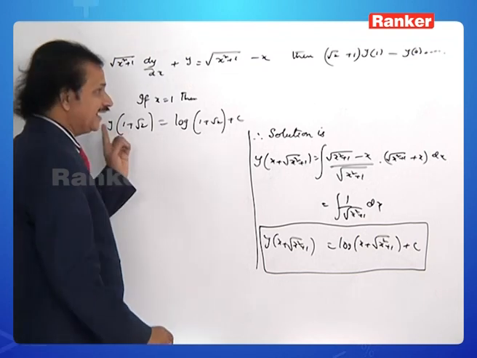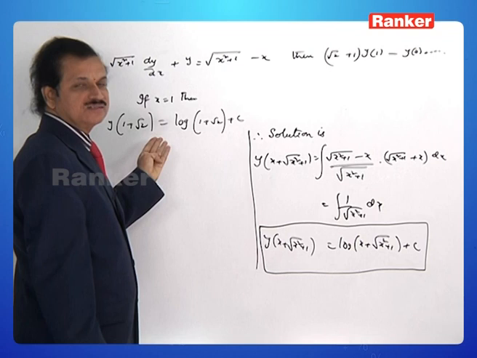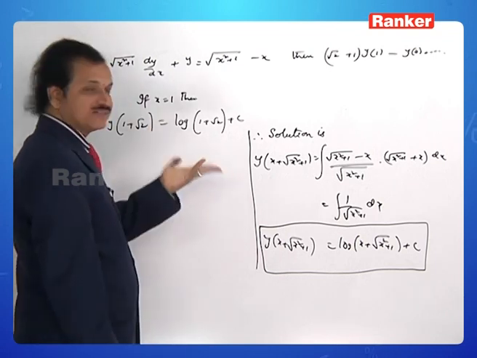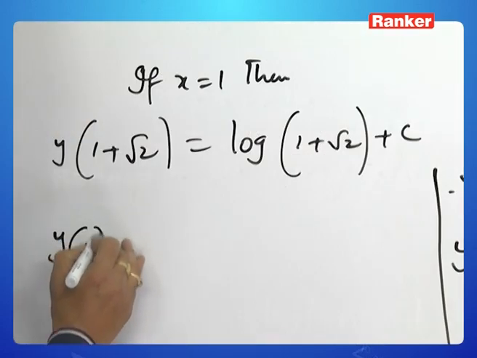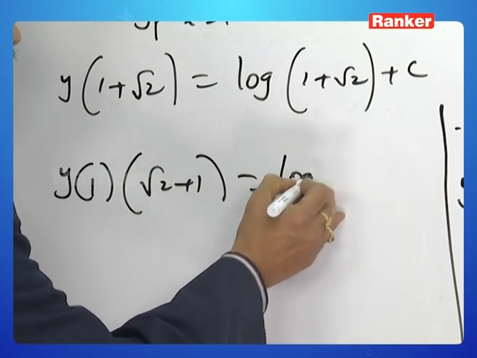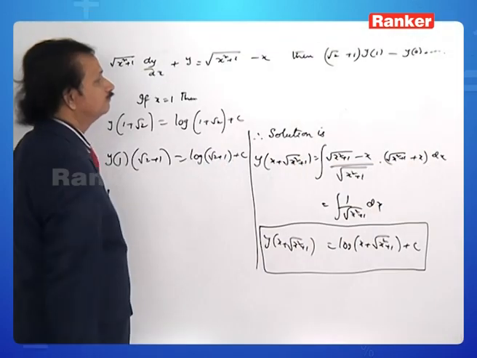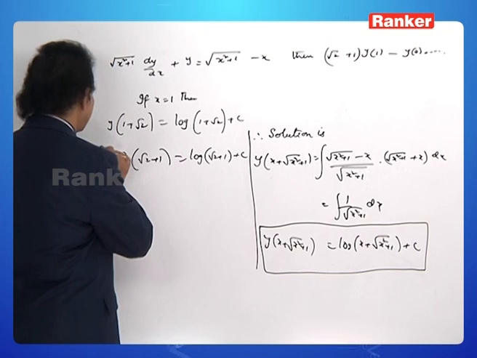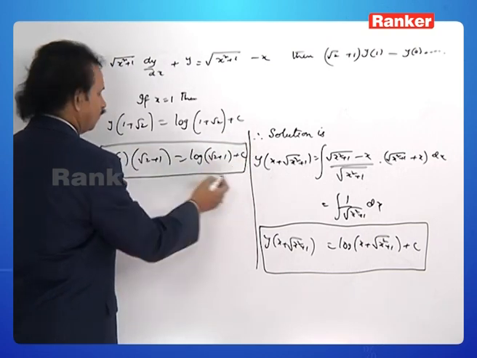What is the value of y here from this equation? It is nothing but the value of y obtained by taking x equal to 1, isn't it? So from this we have y at 1 into (root 2 plus 1) is equal to log of (root 2 plus 1) plus c. We call this equation 1.